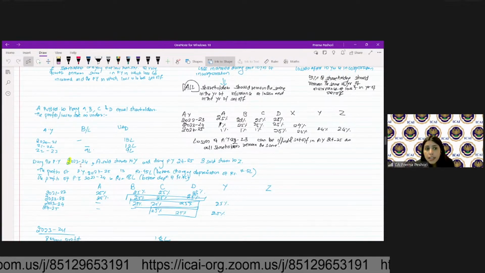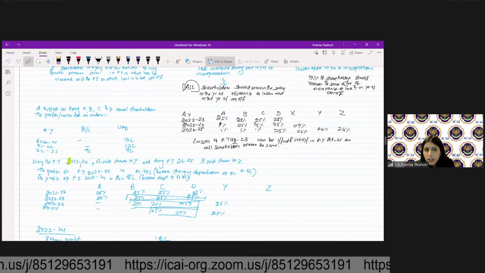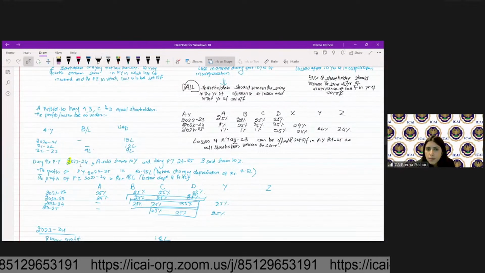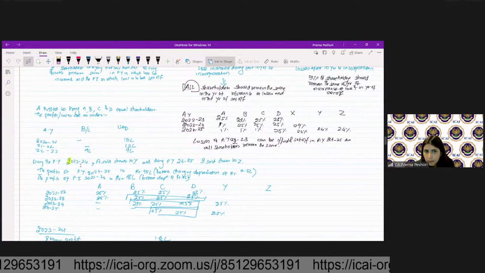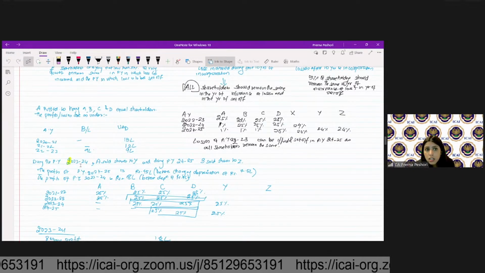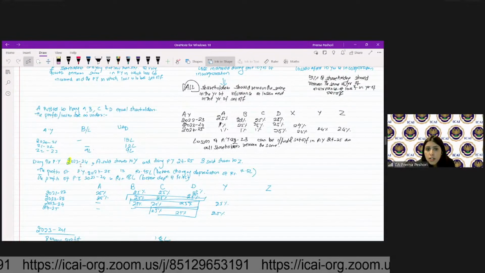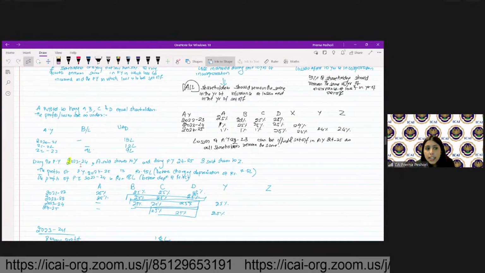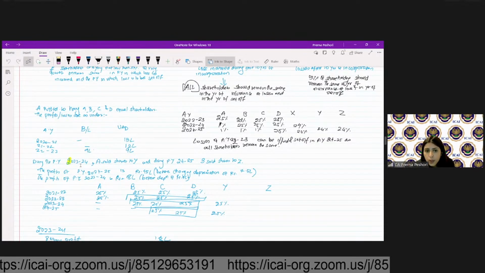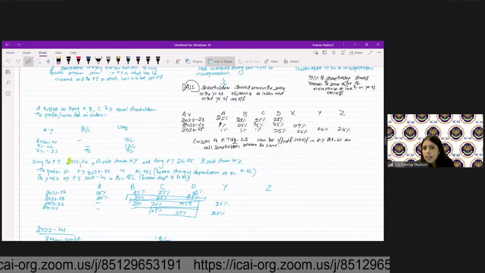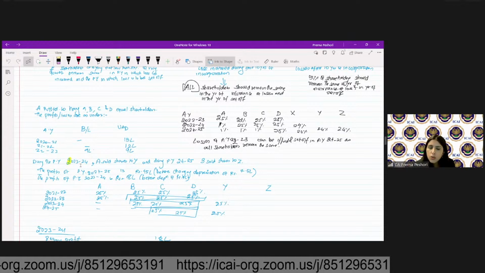Now therefore, in the year 21-22, there was only unabsorbed depreciation, so it will not impact that. In the year 22-23, there is a business loss. So the shareholders were A, B, C, D. In the year 23-24, when there is a profit, B, C, D remain the same, and then there is Y. There is no problem.